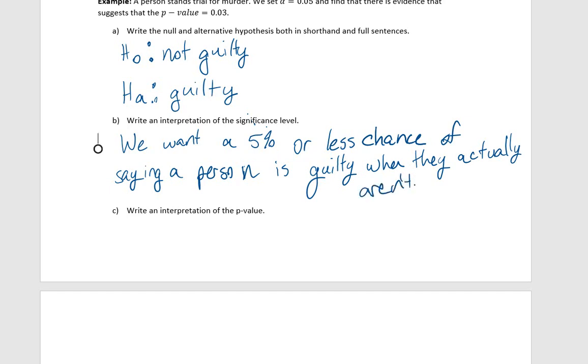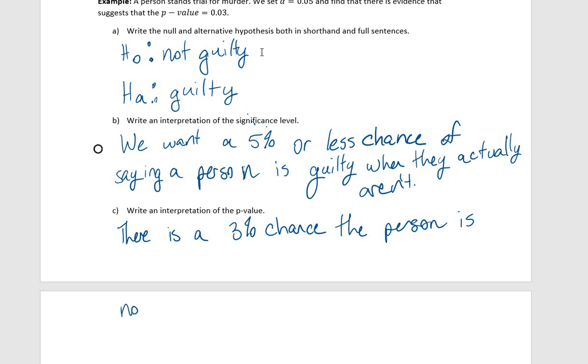Now, if we write an interpretation of the p-value, our p-value was 3%, so there is a 3% chance the person is not guilty.